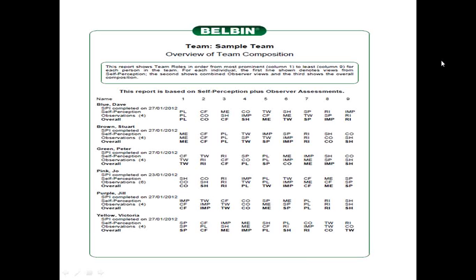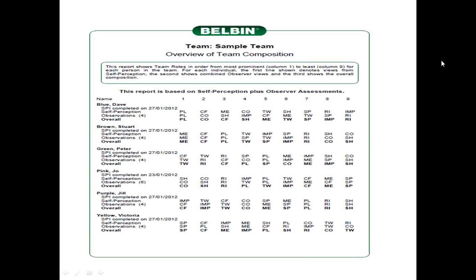So if we take the example of Dave Blue, you can see that Dave Blue strongly believes he is a plant, and his observers do as well. So on an overall, he is seen to be a plant, coordinator, and completer finisher, which broadly agrees with both his self-perception and the observers.